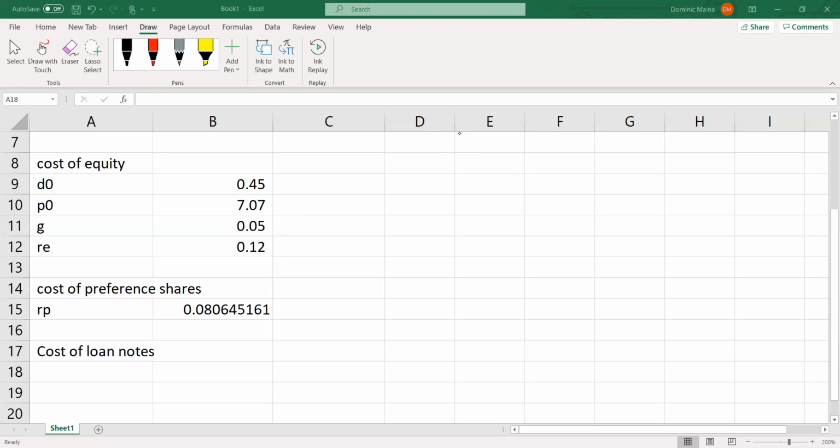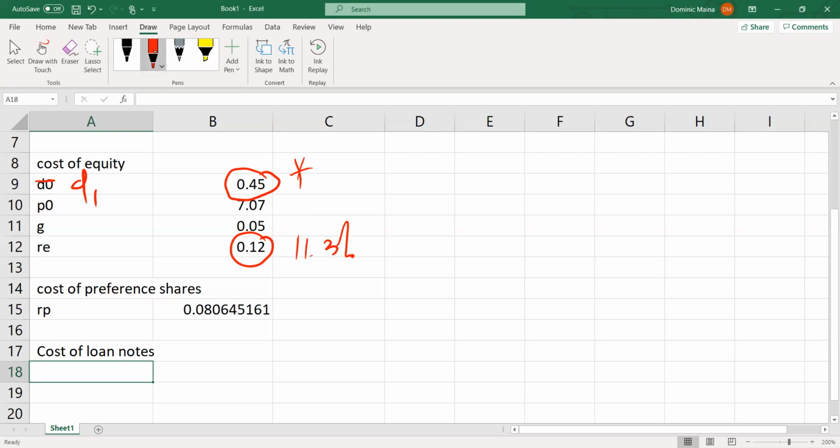No. Let me clarify. If, for example, you assumed that this D naught is meant to be D1, you forgot that this is D naught and you use D1, the penalty only applies on that level. It is not going to be carried forward. If the cost of equity, you got 11.3%, you're not going to be penalized on that level.